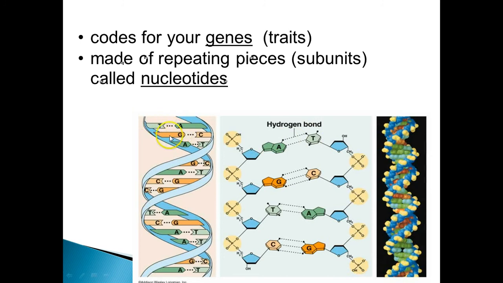So this is the same DNA molecule, but in its twisted ladder or double helix shape. The blue and whatever that color is, part of the DNA, acts as the outside pieces of the ladder, and then these two pieces act as the rungs.